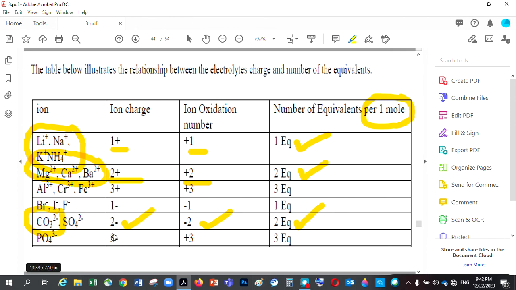Whatever charge they are carrying, whether it's a polyatomic ion or the ion itself, it does not matter if it's positive or negative, but the amount does. So phosphate has 3 negative, we are looking at the 3, so it will be 3 equivalents per 1 mole.